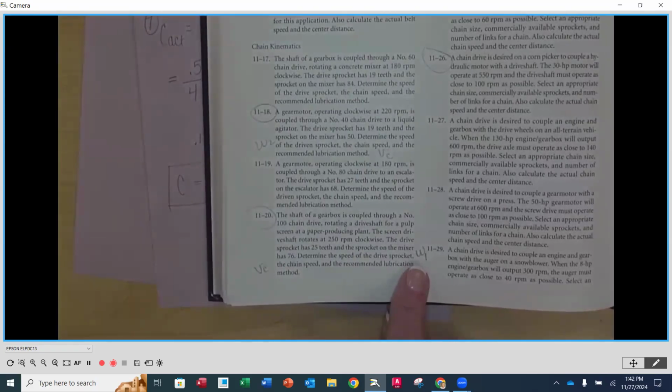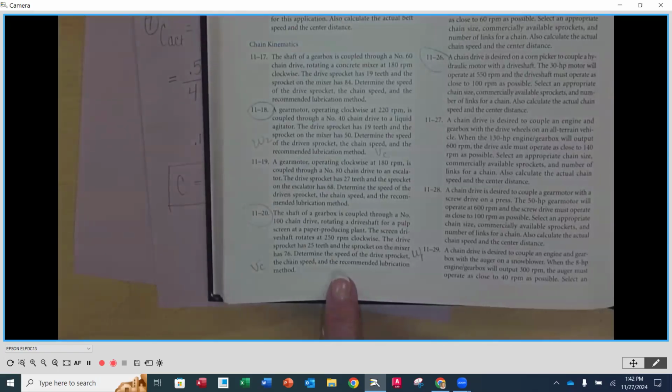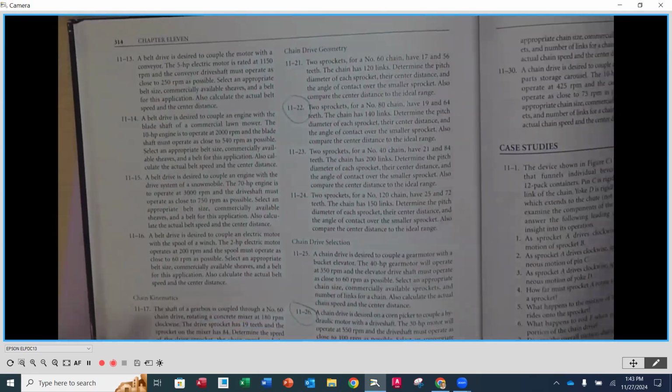Determine the speed of the drive sprocket, so that's going to be W1, how fast that needs to go, and the chain speed, as well as the lubrication recommendation method. Again, once you know what your VC is in feet per minute, you are then going to determine if it's slow, moderate, or high speed, and then the corresponding lubrication. The next one you have is going to be 1122 up here.